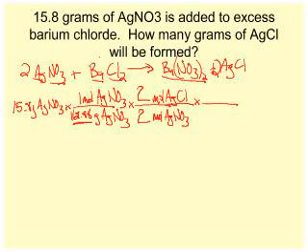I'm in moles of silver chloride, and I want to go into grams of silver chloride. So moles of silver chloride on the bottom, and grams of silver chloride on top. 1 mole, and then to figure out go to the periodic table for silver chloride. 107.87 is silver, plus 35.45 is chlorine. I get 143.32.